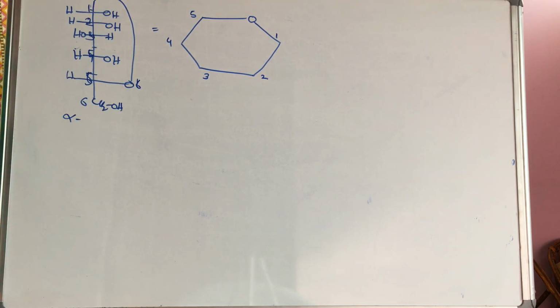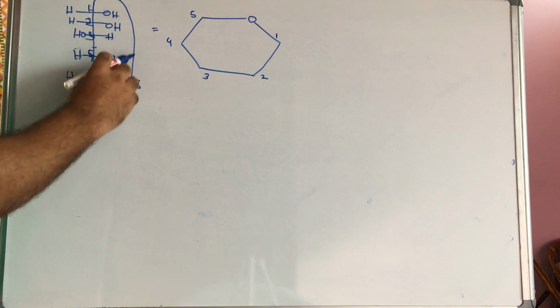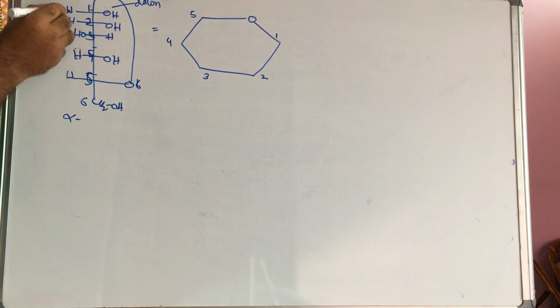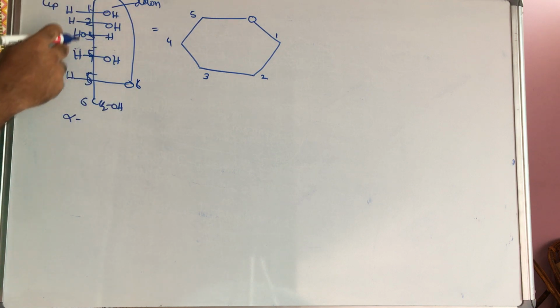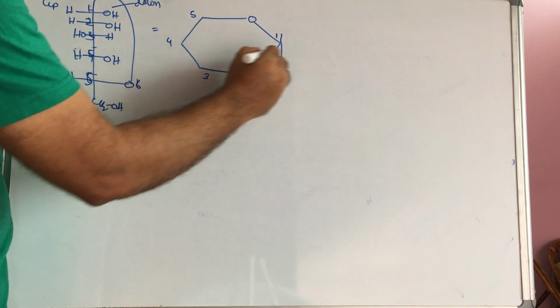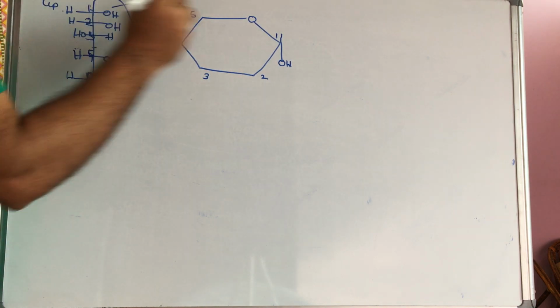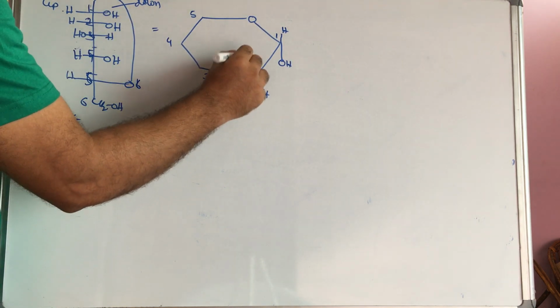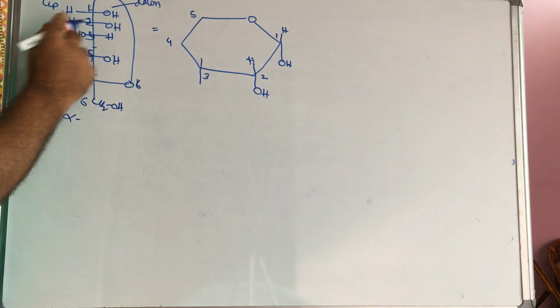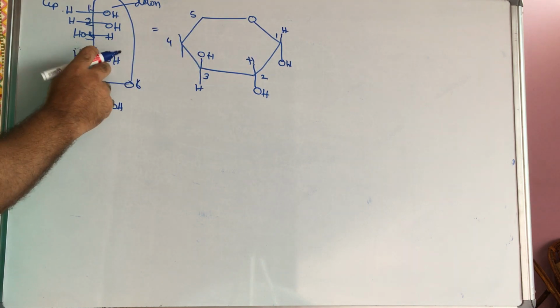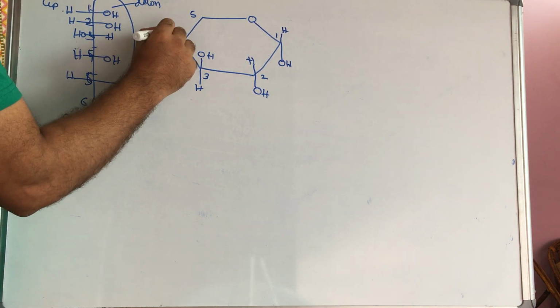Generally, right side groups go down and left side groups go up. So the right side group should be down. The right side group here is OH, the left side group is H. And next here OH, H. Next OH will be up, and here H. Next OH is down, and here H up.